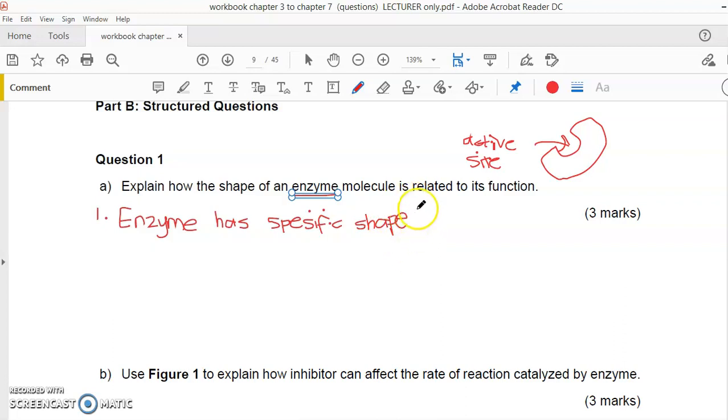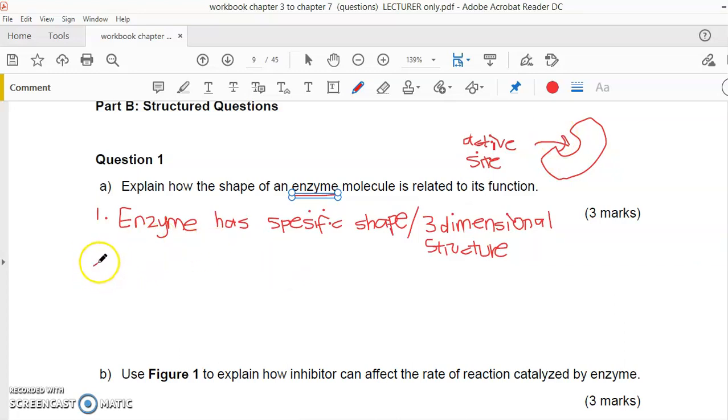Or it has a 3D or three-dimensional structure. So each shape of the active site is specific to a specific substrate.